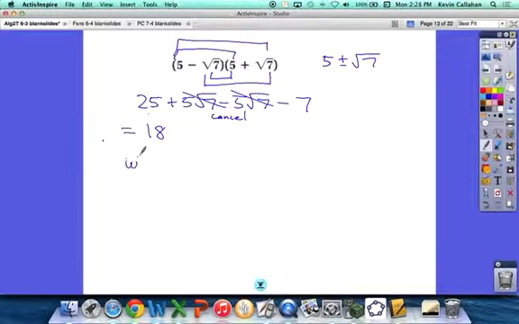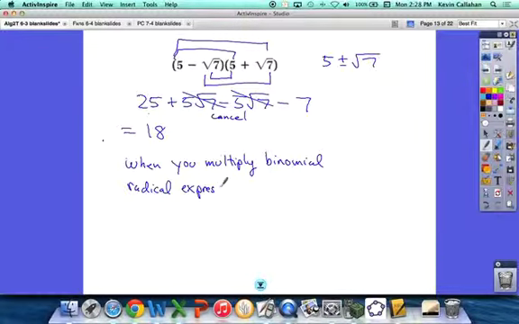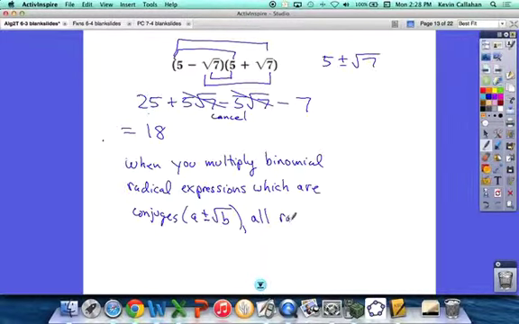So when you multiply binomial radical expressions which are conjugates, and I'm just going to say A plus or minus the square root of B, all radicals cancel.